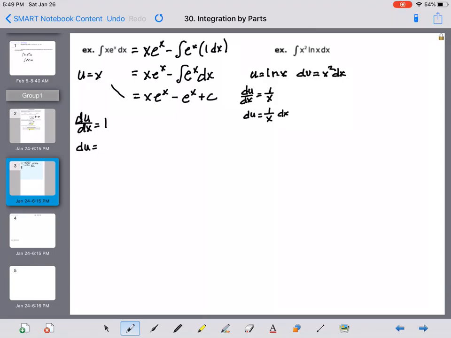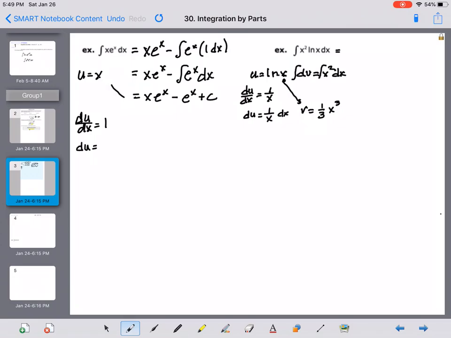The second one, I'm going to integrate. So I'm always taking the derivative of the first column and always integrating the second column. So I'm going to get back to v equals. And then, of course, the integral of x squared gives us 1/3 x to the third power. So to fill in, remember I'm starting in this corner and I'm coming down and multiplying.